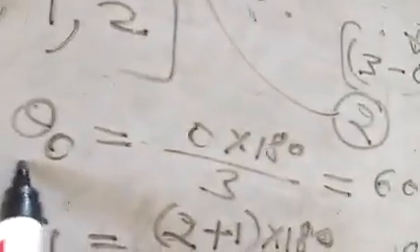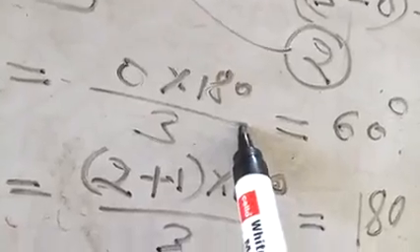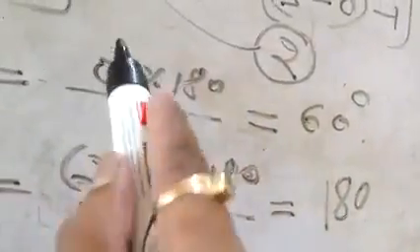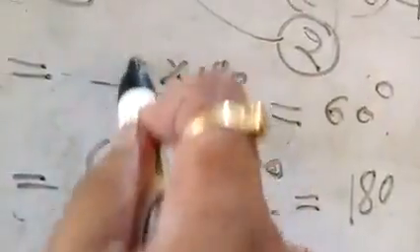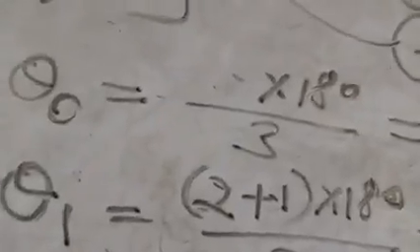Then first determine the first angle of asymptotes. So k is equal to 0, then theta 0 is (2 into 0 plus 1) which is 1, so 1 into 180 divided by 3 is equal to 60 degrees.